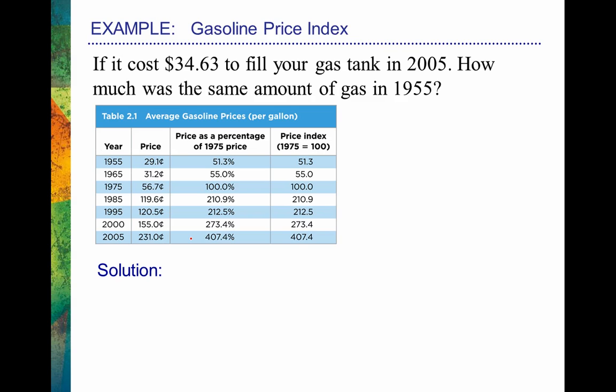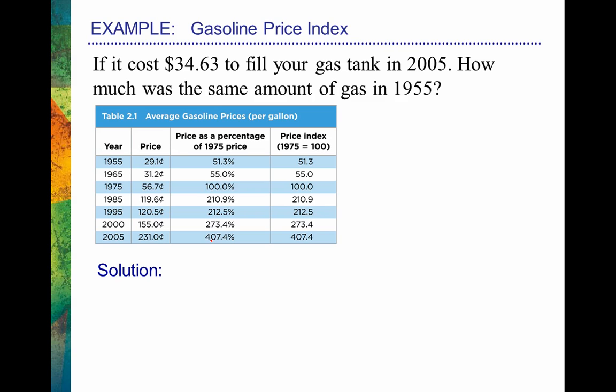Let's think about it logically first, because what I find is that students often get confused about what numbers they should put on the top and what numbers they should put on the bottom of the fraction that they're working with. Essentially, we're looking at 1955 and we're looking at 2005, and I just want to know, how do those numbers relate?